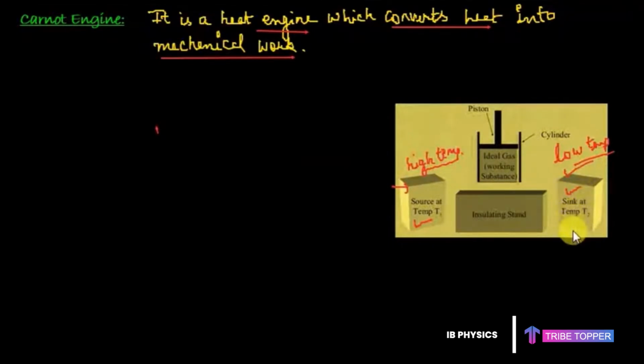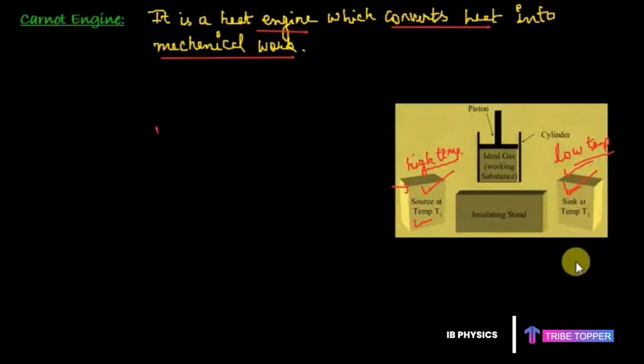So the sink absorbs all the heat rejected. It should be at a very low temperature and also of infinite thermal capacity so that it can absorb any amount of heat. So both of them are of infinite thermal capacity, so that any amount of heat drawn from the source should not impact it, and any amount of heat rejected to the sink should not impact the sink.